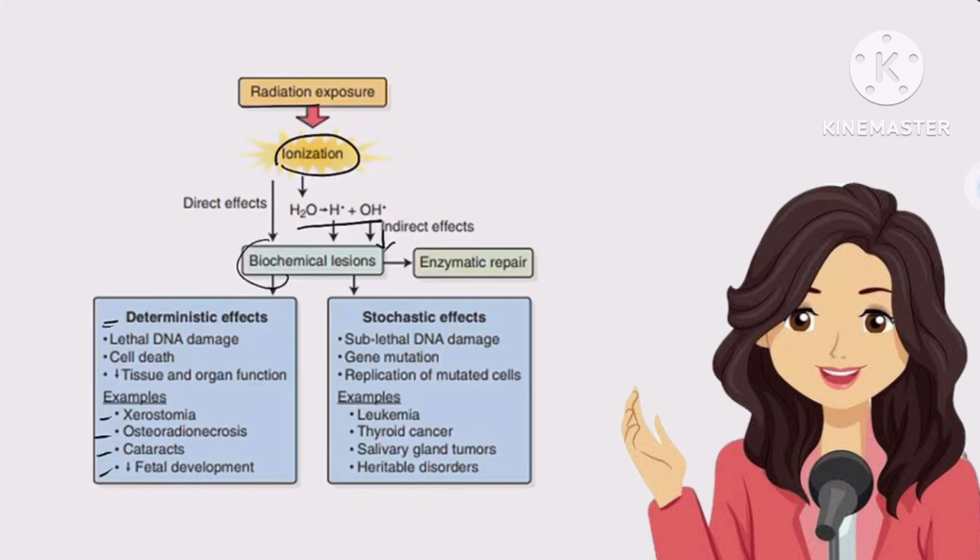Below that threshold dose, these effects are not seen. Stochastic effects: just look at the examples: leukemia, thyroid cancer, salivary gland tumors, heritable disorders. These are the changes where any small dose can bring out a mutation and can bring out these stochastic effects in a patient. So this is the basic difference between deterministic and stochastic effect. I hope this is clear.